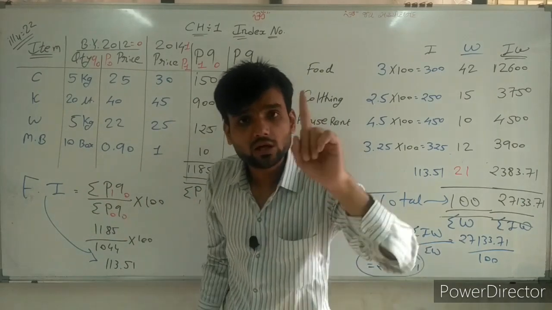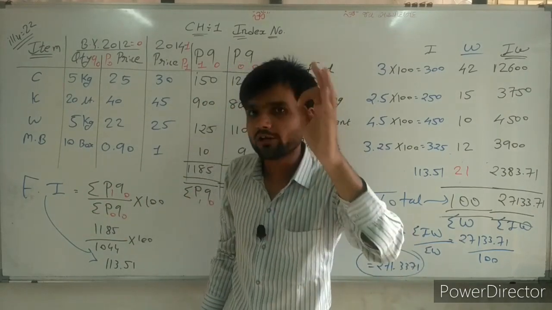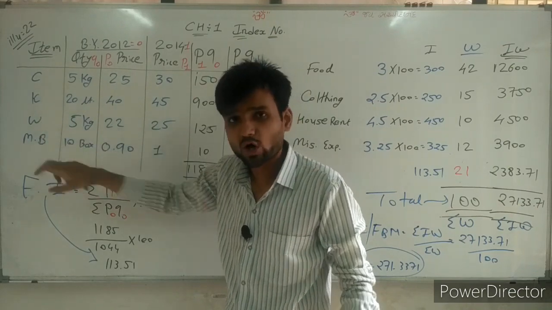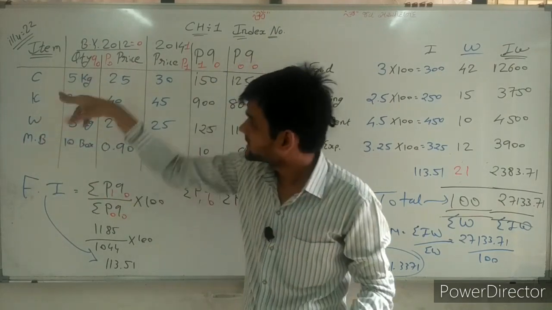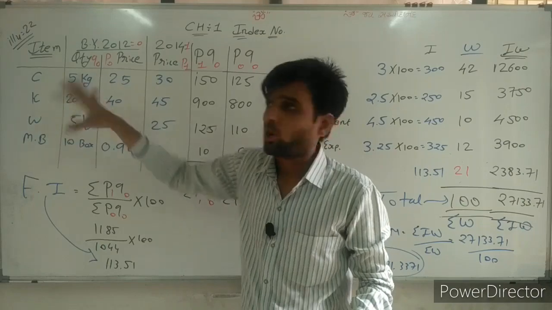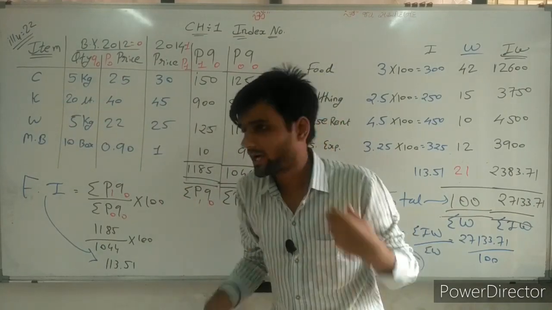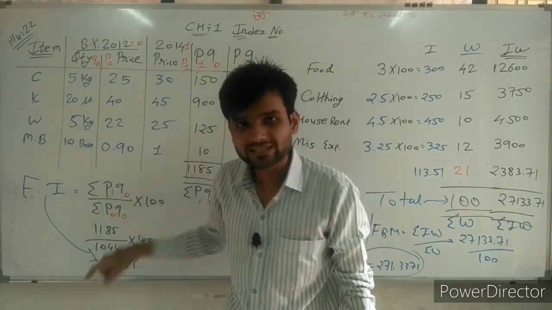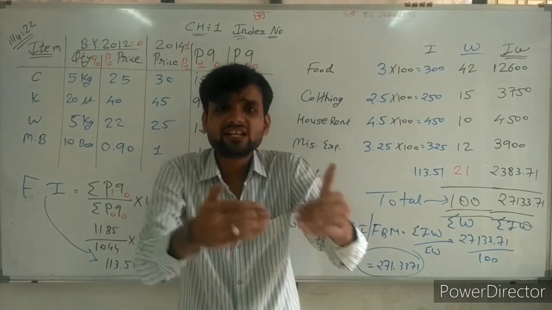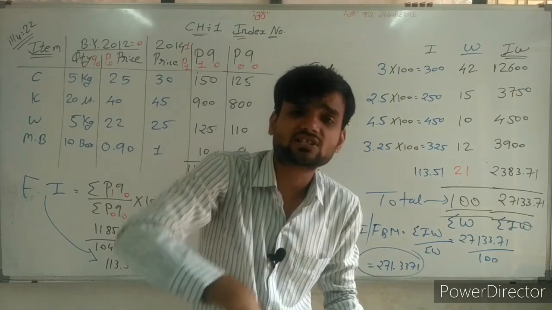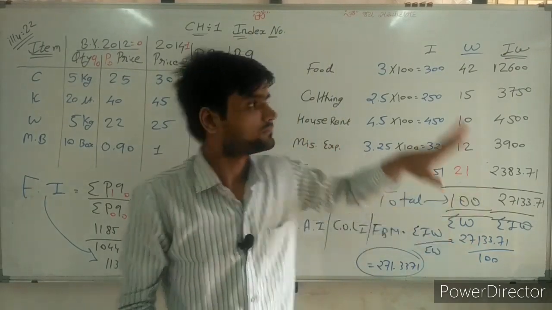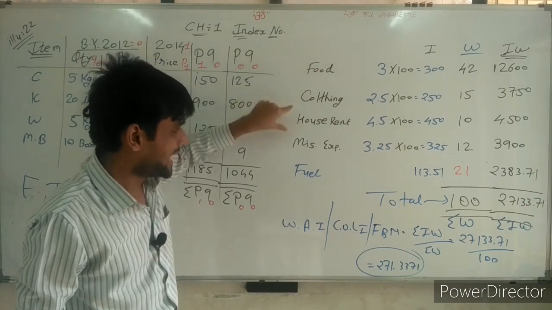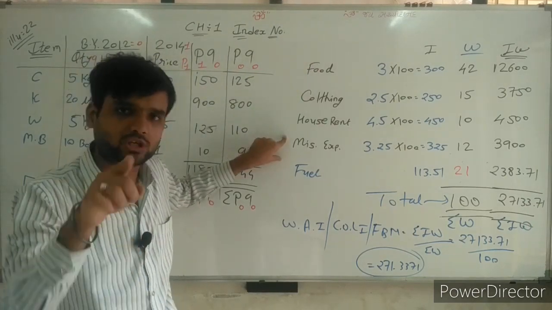Fuel items information is given, only fuel. See, coal, kerosene, wood, matchbox, all are fuel items. Its price and its quantity are given. On this basis, I have to find the index number first. It is the fuel index number. Then additional information is given. In that additional information what is given?